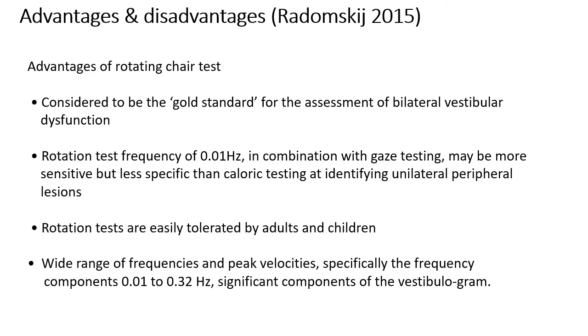Besides that, the rotating chair test at the frequency of 0.01 Hz in combination with caloric testing may be more sensitive but less specific than caloric testing at identifying unilateral peripheral lesions. So it can also be used in identifying unilateral peripheral lesions.